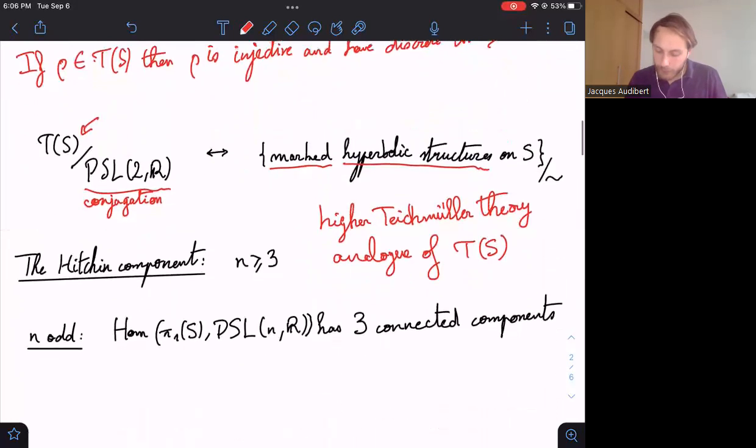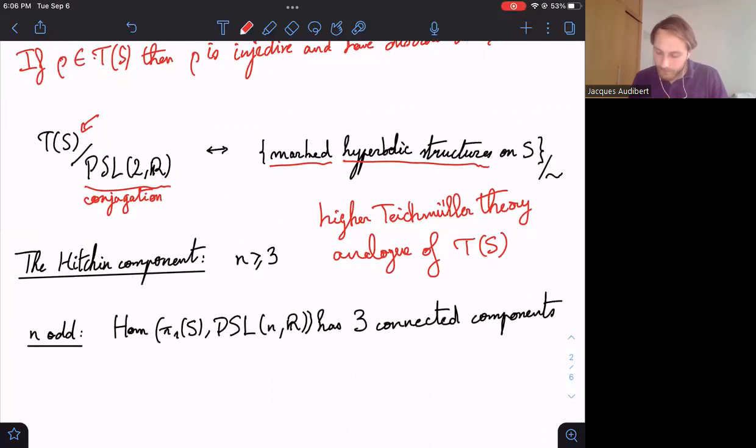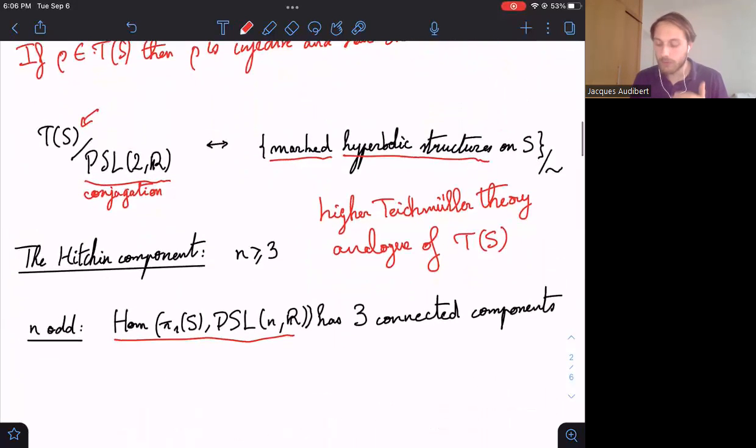So first, the Hitchin component is one of the components of this space, which is the same as we saw before, except that we don't look in PSL2R, but in PSLnR.